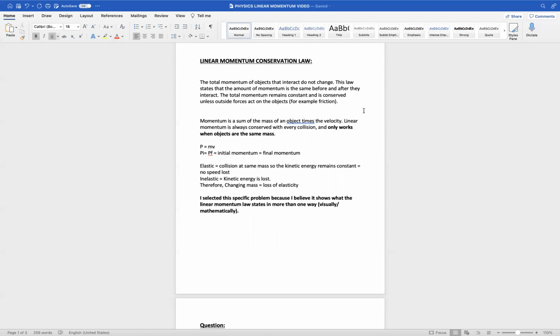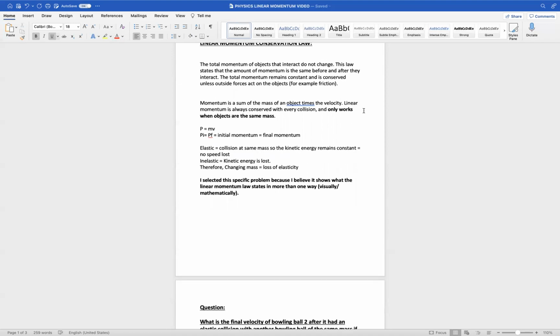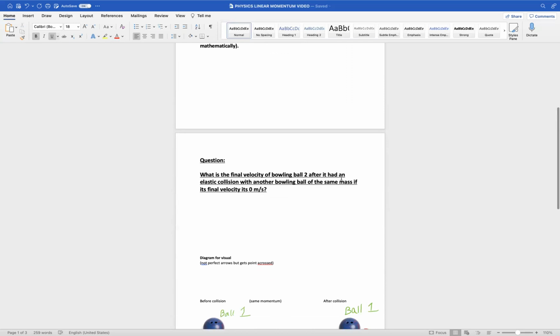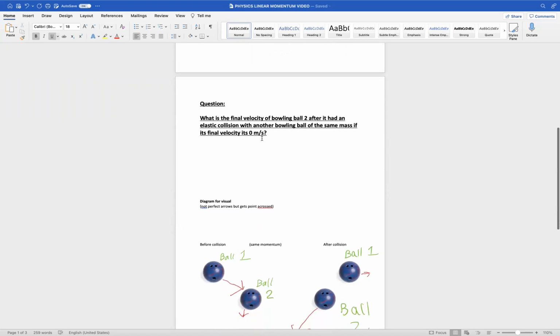I selected this specific problem because I believe it shows what the linear momentum law states in more than one way, such as mathematically and visually. So the question I chose is, what is the final velocity of bowling ball 2 after it had an elastic collision with another bowling ball of the same mass if its final velocity is 0.5 meters per second?